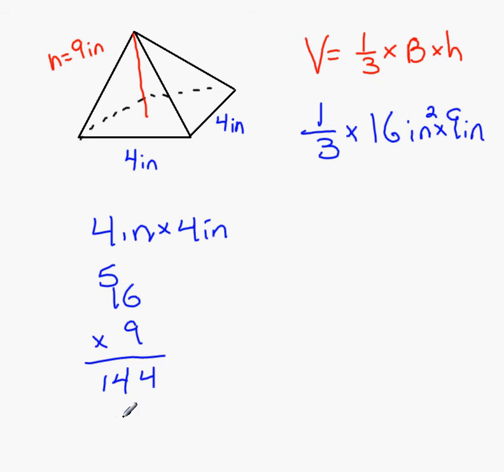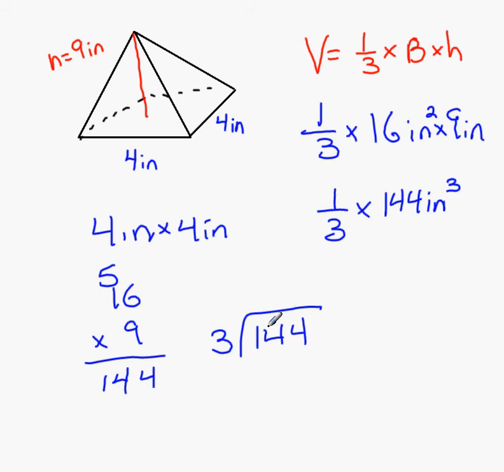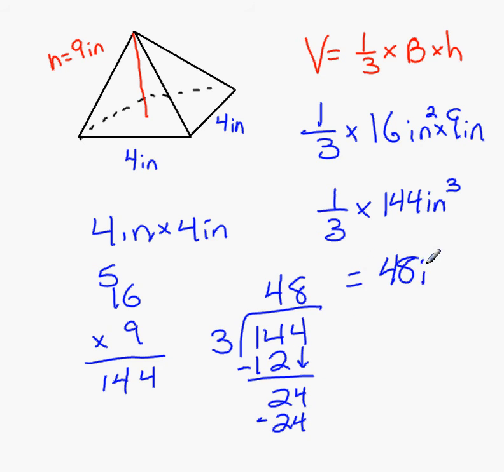We have 1/3 of 144 cubic inches. So we have to figure out what 1/3 of 144 is. We take 144 and divide it by 3, and that gives us 48. So the volume of this pyramid is 48 inches cubed.